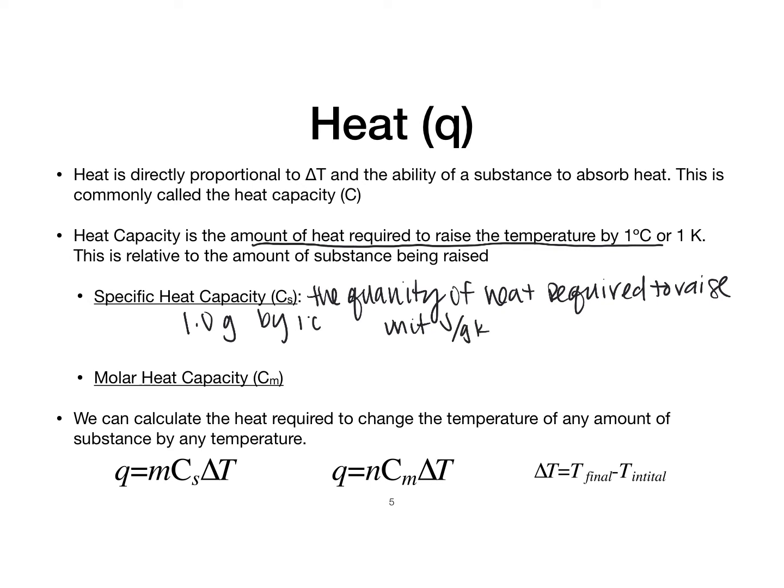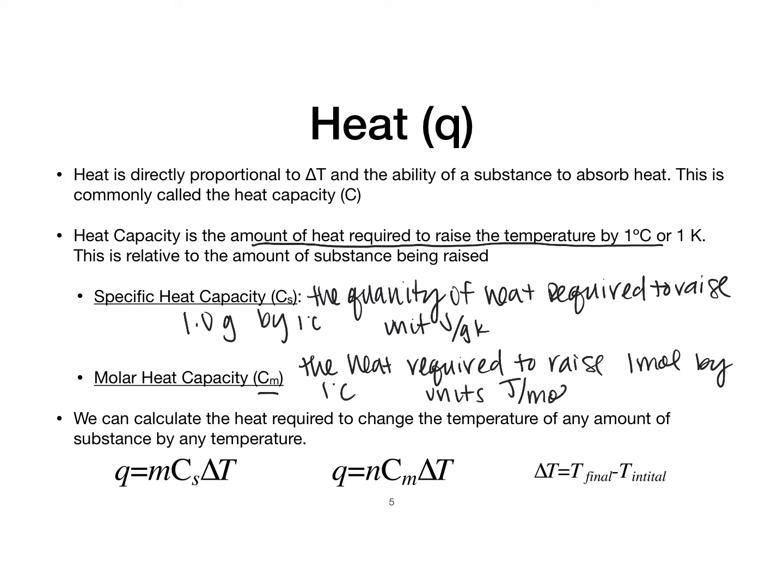The molar specific heat capacity, or the molar heat capacity, C sub M, is the heat required to raise 1 mole by 1 degree Celsius. The units of this are joules per mole Kelvin. Both the specific heat capacity and the molar heat capacity would be provided in a problem or read out of a table, or it would be the thing that you're solving for.